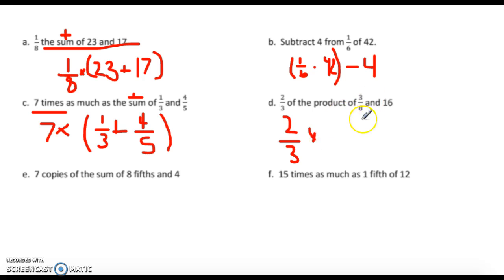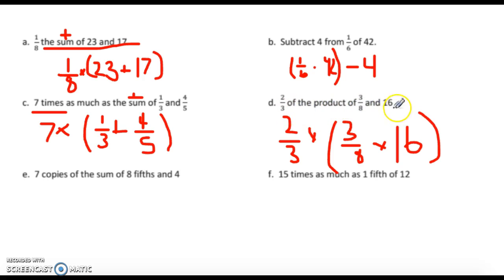Multiply what? Oh, the product of 3/8 and 16. So 3/8 times 16. Now, because the only thing I'm doing here is multiplying, I don't actually need parentheses because it won't make a difference in my answer. But since my phrase suggests that I need to multiply this first, I'll go ahead and put them in.